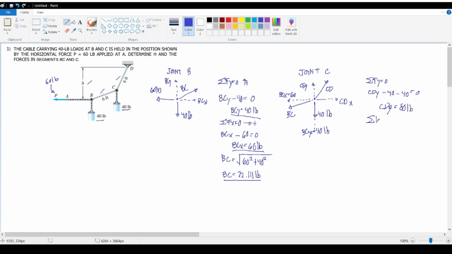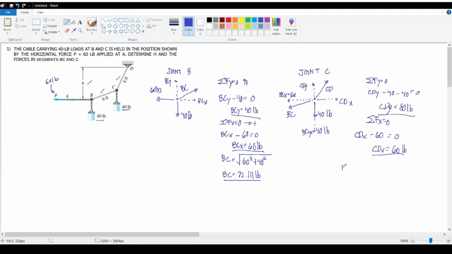And we take the summation of forces along X. We have CDX in the positive direction, and we have BCX, and actually that's it. CDX is just equal to 60 because there's no other force acting besides this 60-pound force.